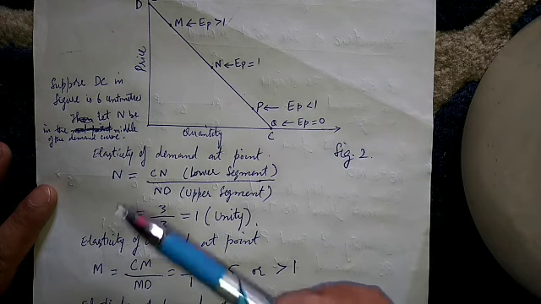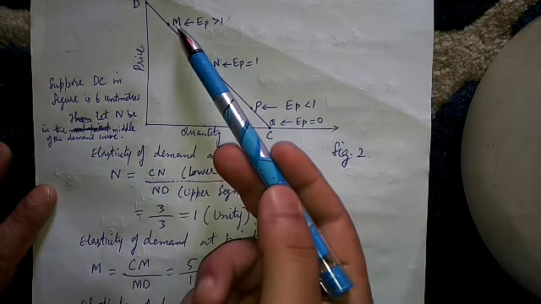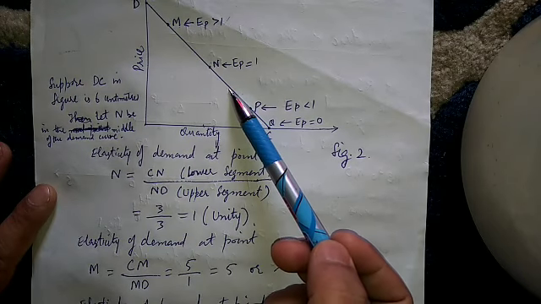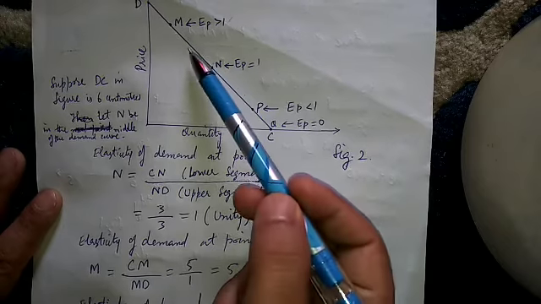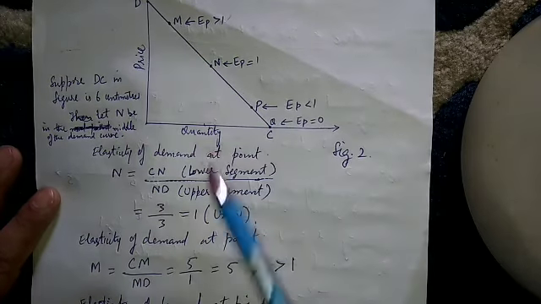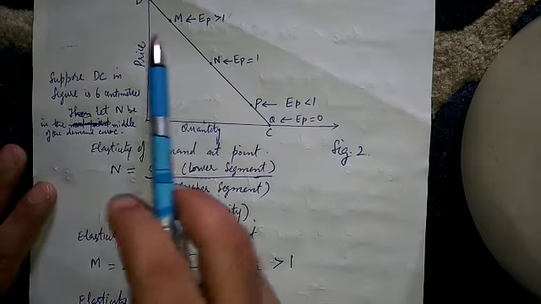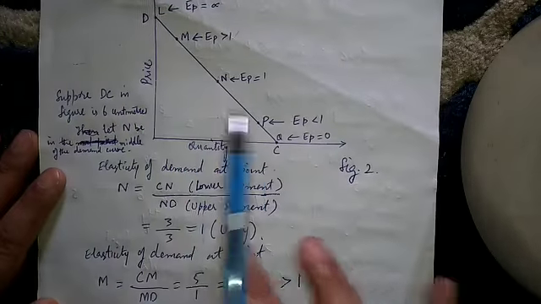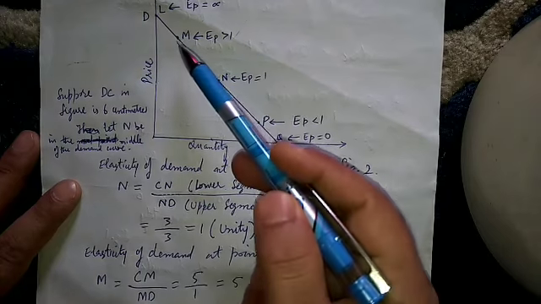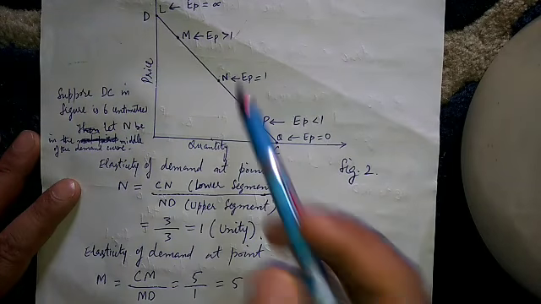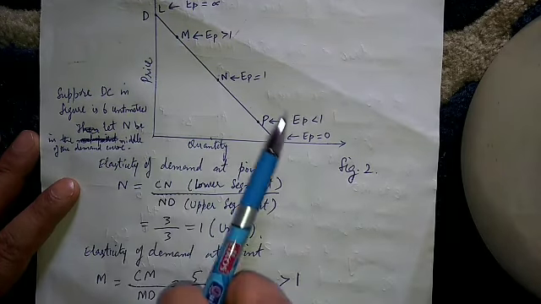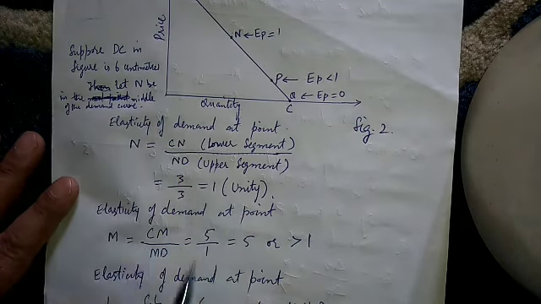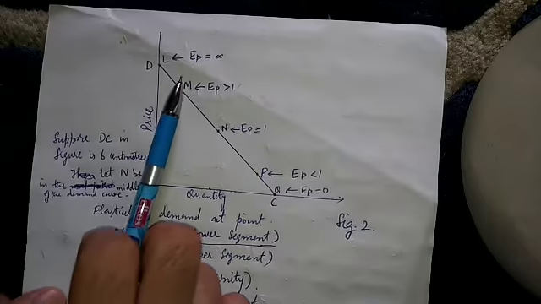Now, elastic demand at point M. Suppose this is 1, second, third, fourth, fifth, sixth. Elastic demand at point M will be equal to CM by MD, that means 5 divided by 1.